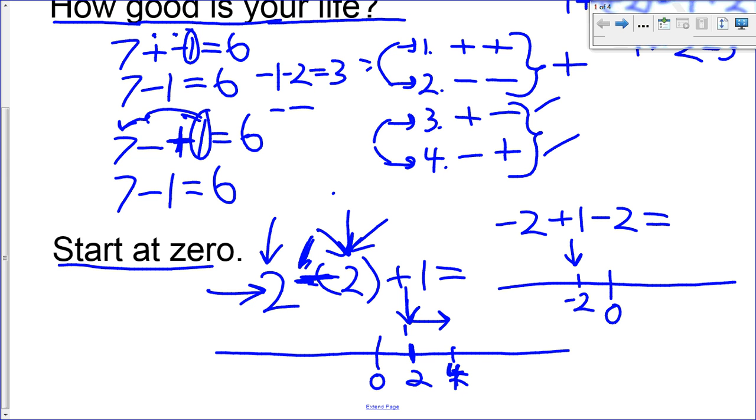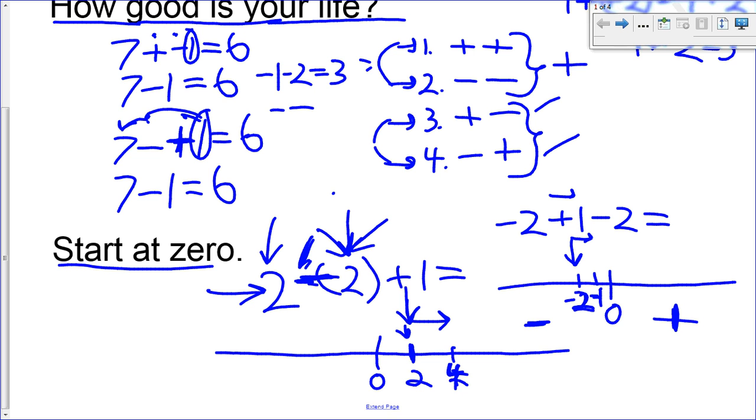If it's a +2, you start at +2, and so forth. If it's any negative number, you're going to start on this negative side. If it's any positive number, you're going to start on this positive side. And then, that's where you are. That's where you live. -2. When we add 1 here, that means we're just going to go 1 in the positive direction from -2, which is going to put us at -1.